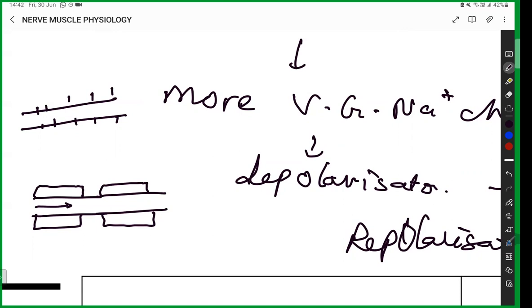But the myelin not only prevents the loss of the action potential, there are also calcium channels present at the starting point of your myelination. This is going to promote the exocytosis of neurotransmitter.